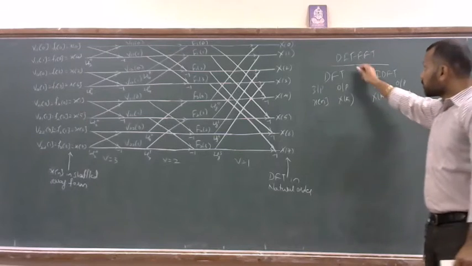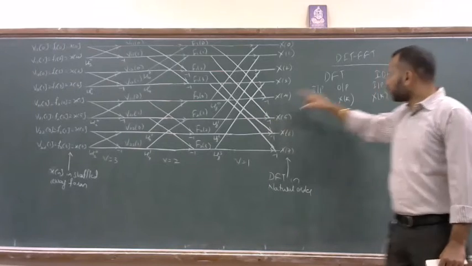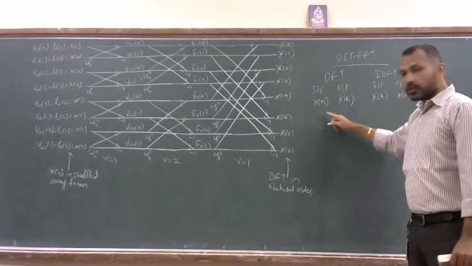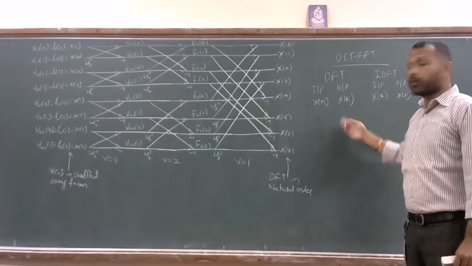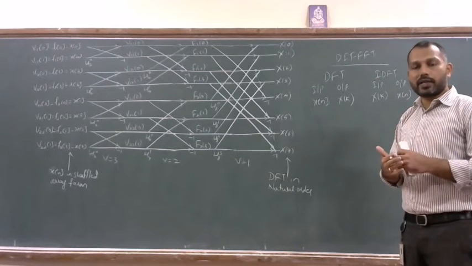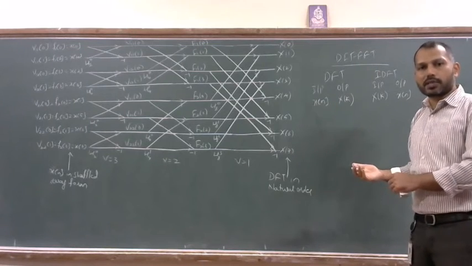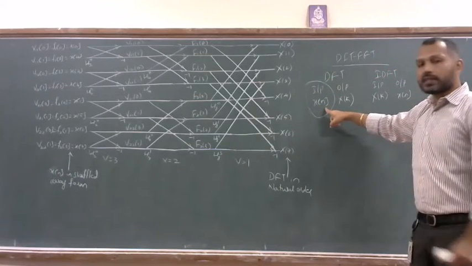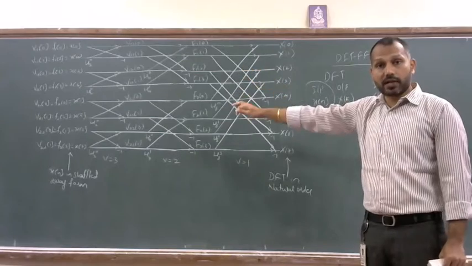And as the name itself indicates, here we are calculating the DFT in this signal flow graph by decimation in time. Now, out of these two sequences, where is the input sequence? Where is the time domain sequence? Decimation in time: the time domain sequence has to be decimated. Decimated means decomposition, dividing it into even numbered samples and odd numbered samples. So, at the input side, we have the discrete time sequence, and it is in the shuffled array form. It has a specific nature to it.